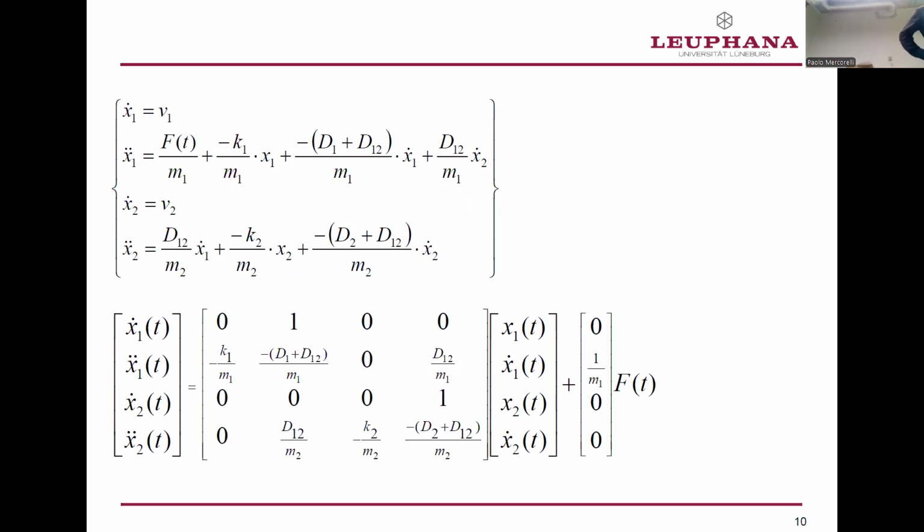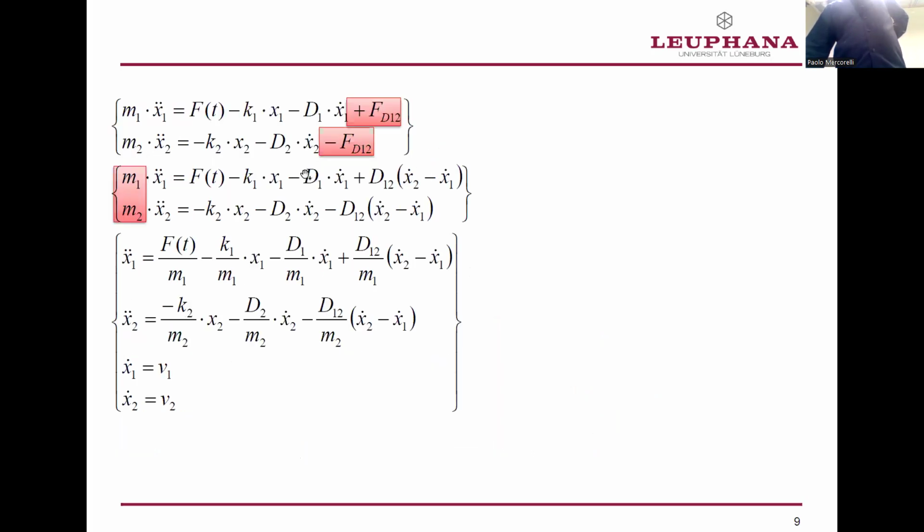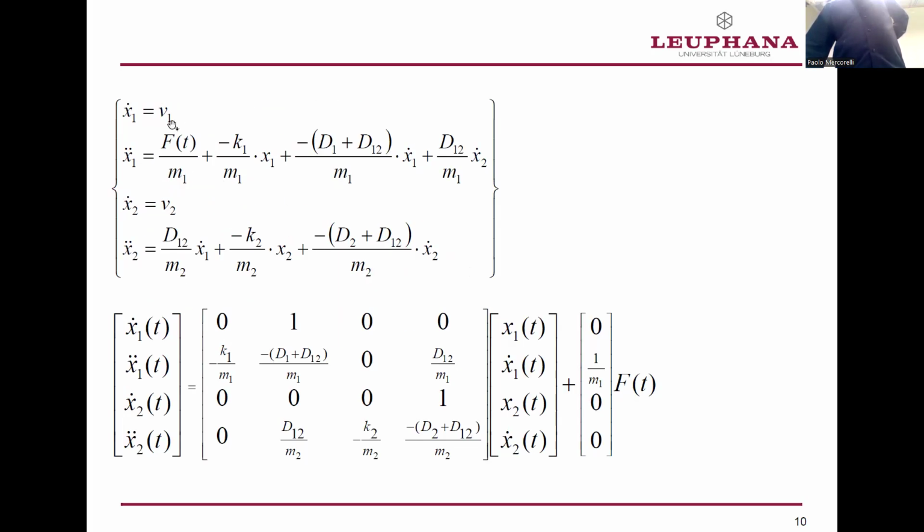We need, very often, the equations in the form of a matrix expression. I don't remember, last time I told you that this expression here, which basically is already here, I reorganized in dynamical form, in which we have here x1 derivative equal v1.